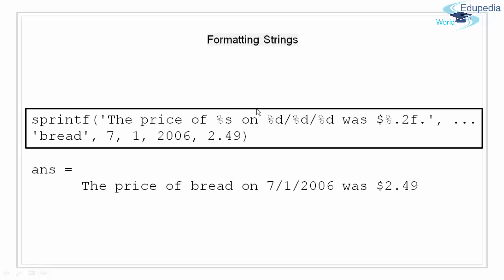So we have the string bread for %s, integers 7, 1 and 2006 for %d, and a floating value of 2.49 for %.2f. When MATLAB processes the format string, it replaces each operator with one of these input values.